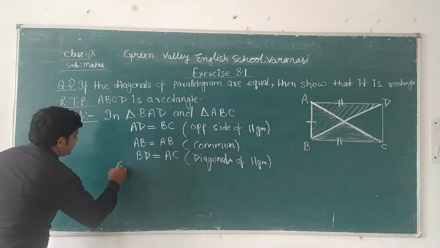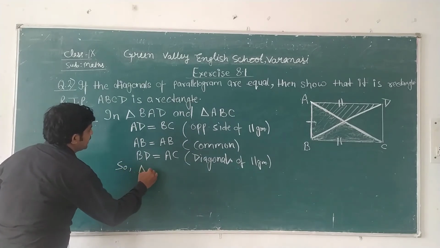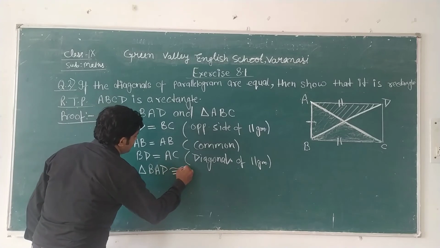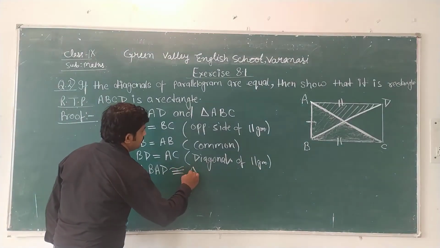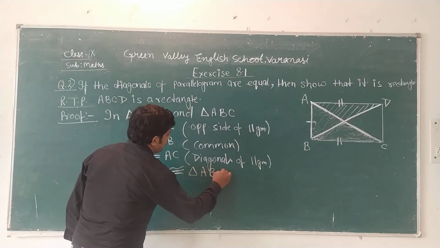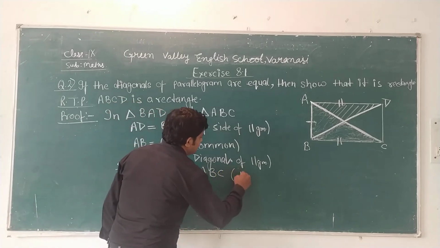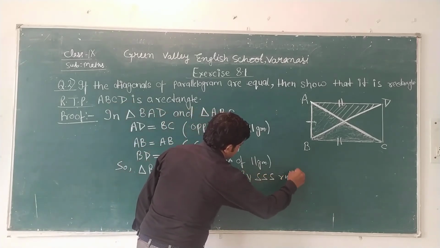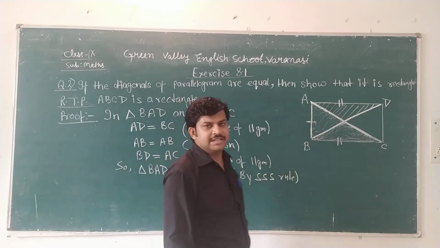So we can write triangle BAD is congruent to triangle ABC by SSS rule.